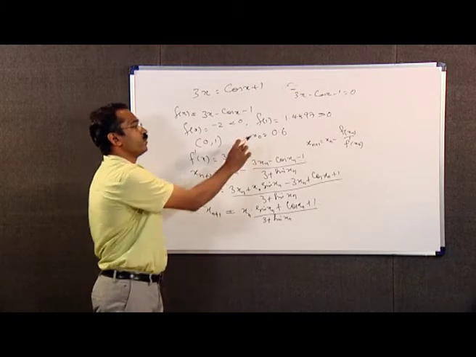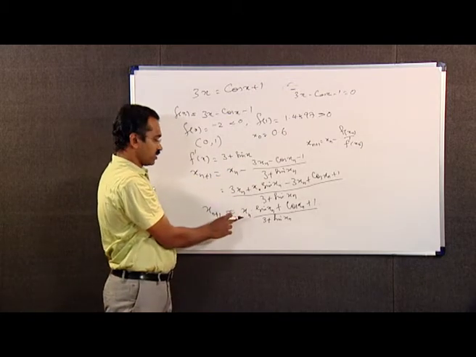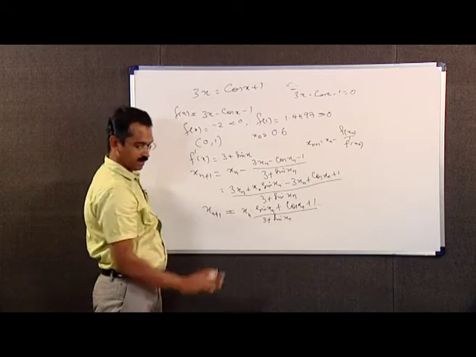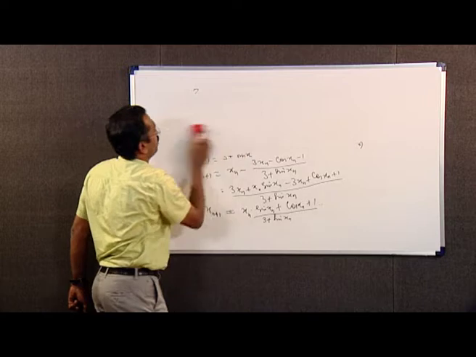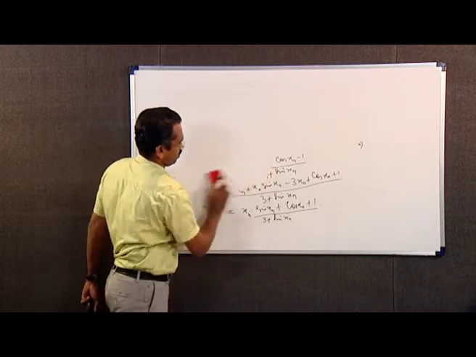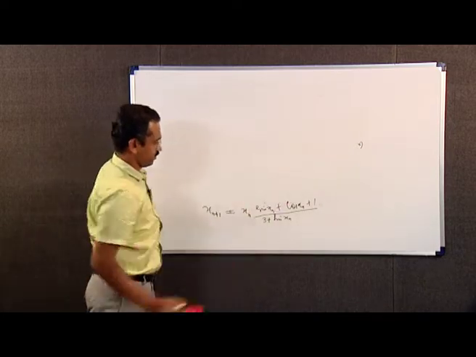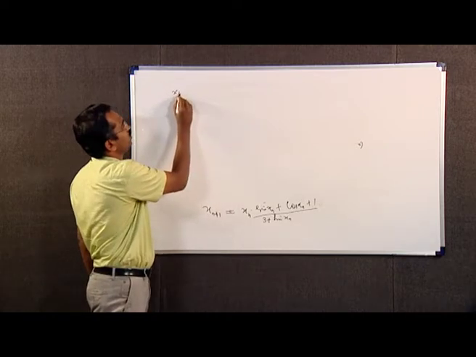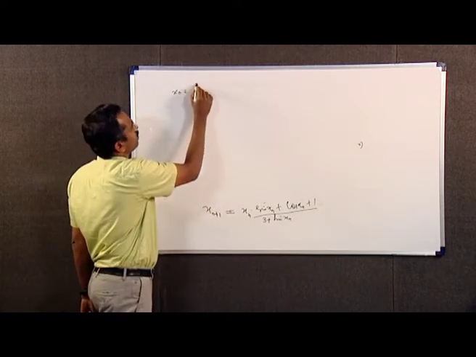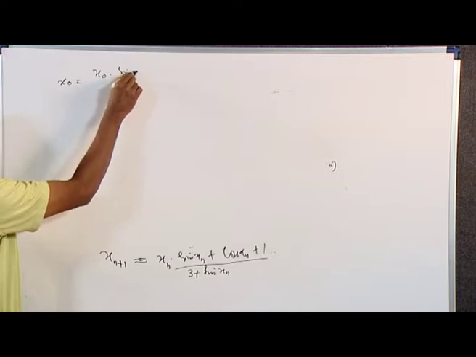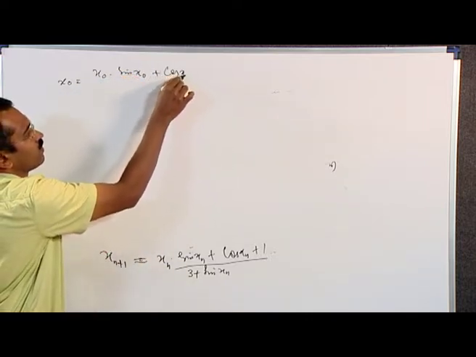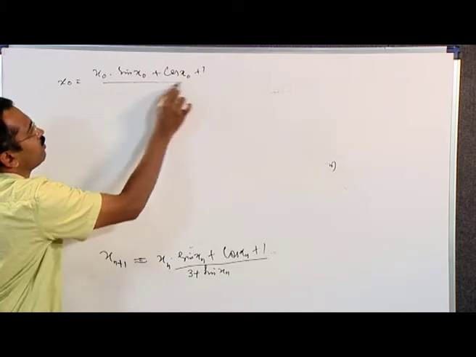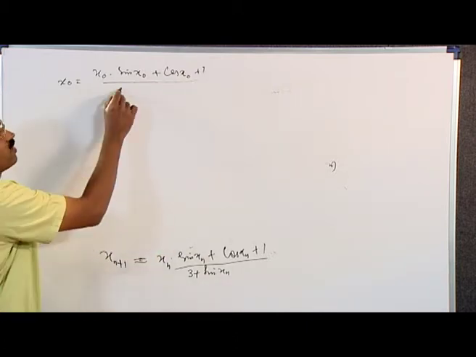Now, we put x naught equal to 0.6. We will get x 1 as x naught into sin x naught plus cos x naught plus 1 divided by 3 plus sin x naught.